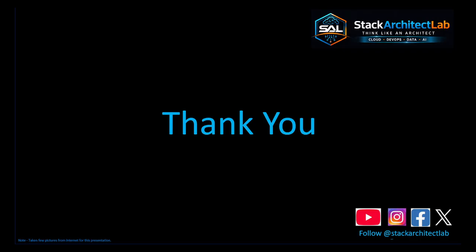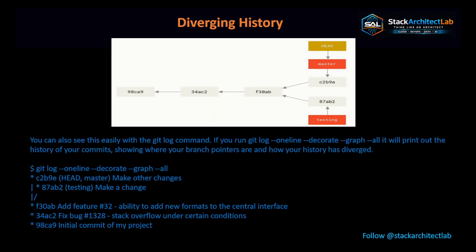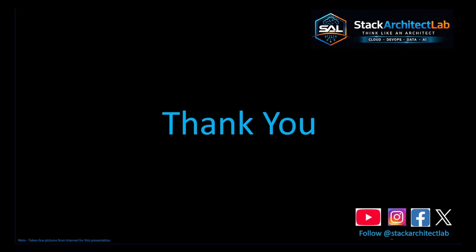When we create a branch, what happens to the head? What is head? And if we switch branches, what impact does it have on the head, which we have seen. And then we talked about the practical commands and diverging history, which you can see from the git log oneline decorate graph. So that's it for today's session.